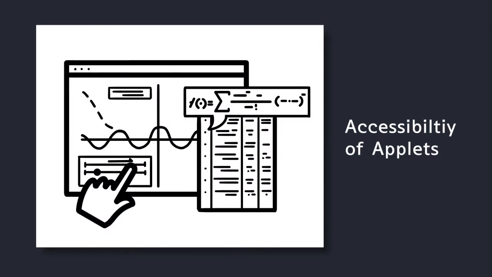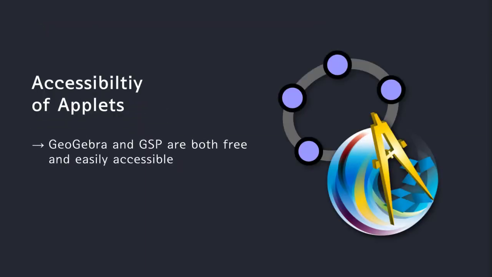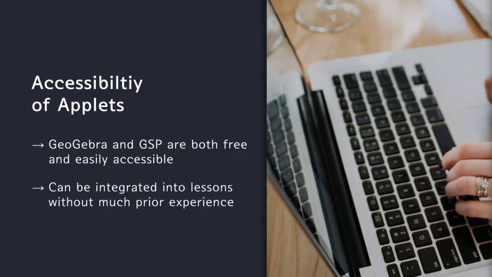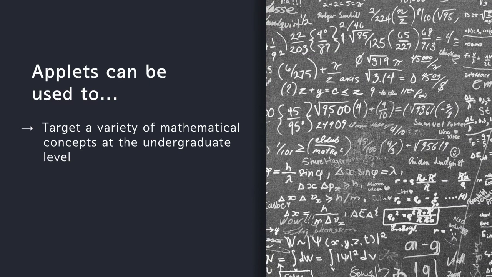Instructors can also think about the accessibility of these applets. For example, GeoGebra and GSP are both free and easily accessible. They can be integrated into lessons without much prior experience. Also, ready-made applets can be used to target a variety of mathematical concepts at the undergraduate level.